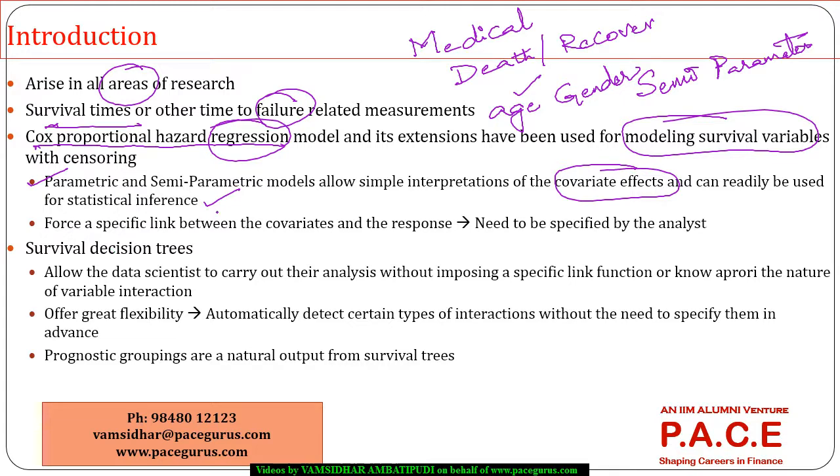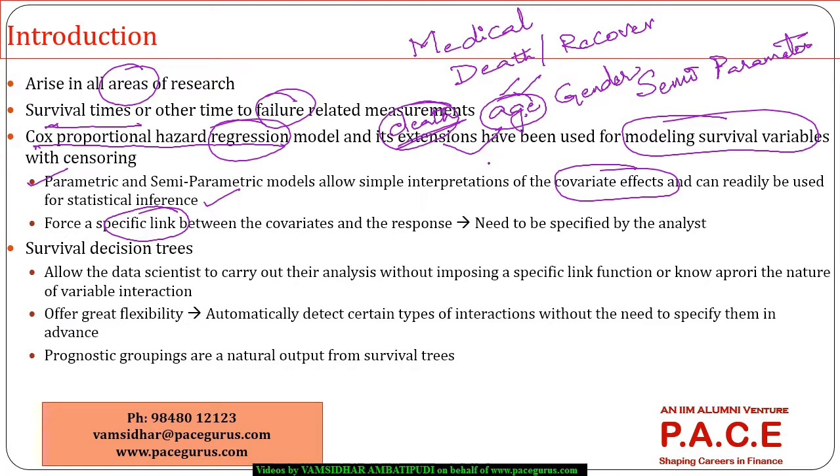So in this case, what is happening is a specific link is getting created between the age and the death. We are forcibly trying to put a link between the covariate, which is the age, and the death, which is the response variable. And this kind of relationship is not identified by default.